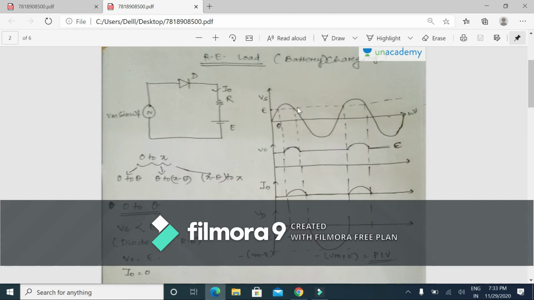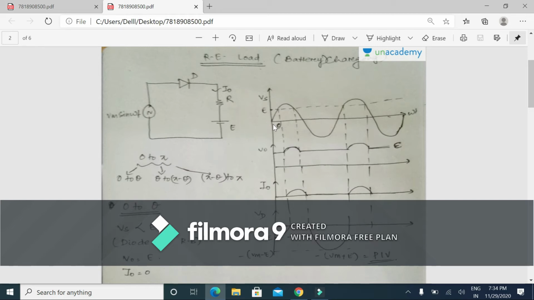Then from theta to pi minus theta, the Vs is greater than E, or we can say diode is forward biased, and from pi minus theta to pi, this diode is again reverse biased, as the source voltage is less than this load voltage.